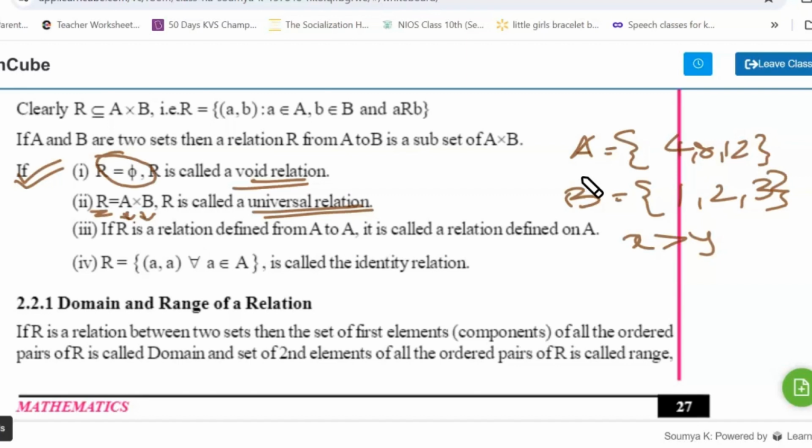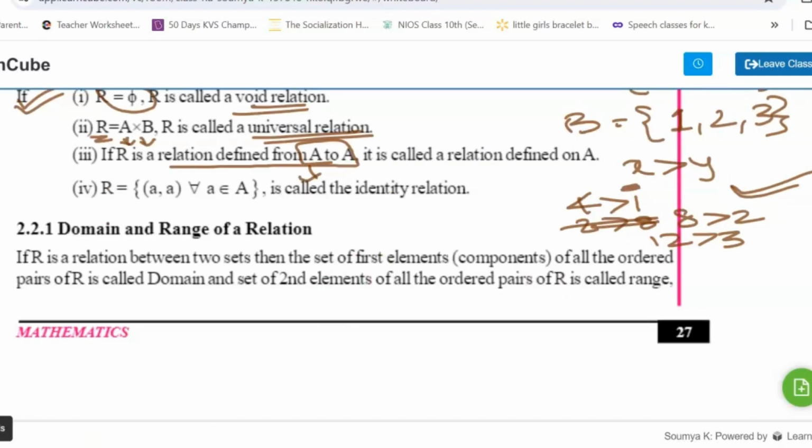Now if you see, elements from B are always smaller than A. That means the A elements, that is 4, is always greater than 1, 8 is always greater than 2, then 12 is always greater than 3. So this relation is applicable for all the elements. So such relation is known as universal relation. Okay, this is another kind of relation.